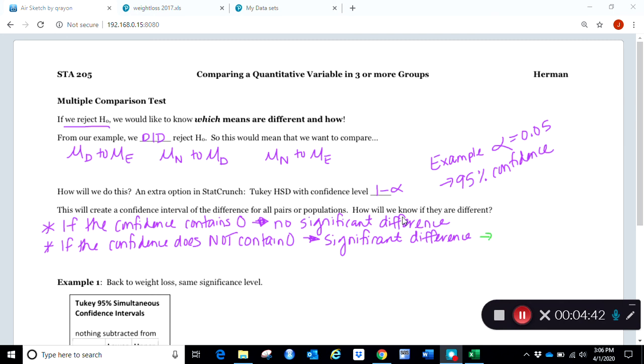What we will be looking for is that we'll use the order of subtraction and the sign, that is, if it's positive or negative, to determine the direction. And by direction, we just mean which one is bigger.